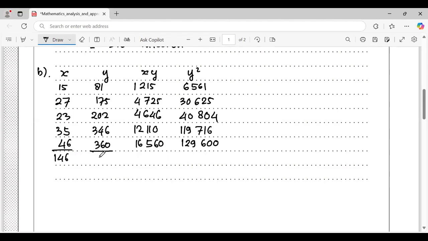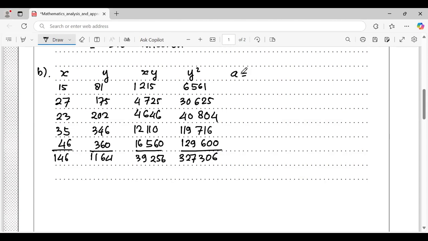The accumulation of y, sigma y, is 1,164. Sigma xy is 39,256. And the sigma of y squared is 327,306.